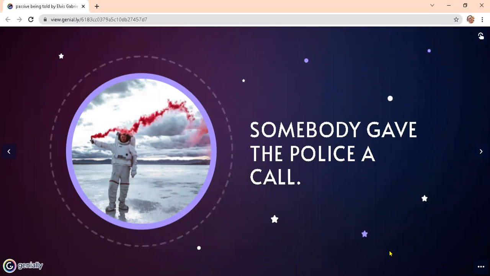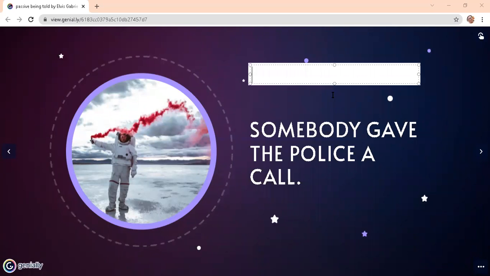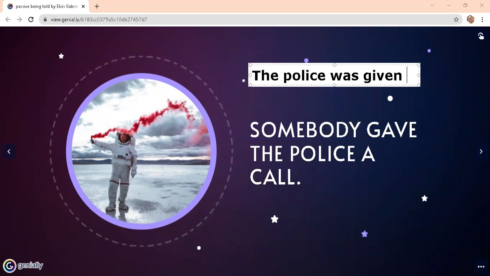When we transform a sentence into the passive voice, we are going to take the object of the sentence to the first part of a new sentence called passive voice. Let's take a look. The police was given a call.